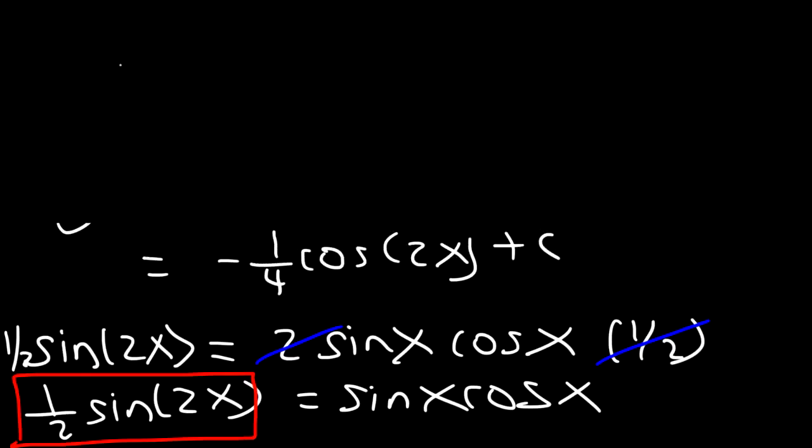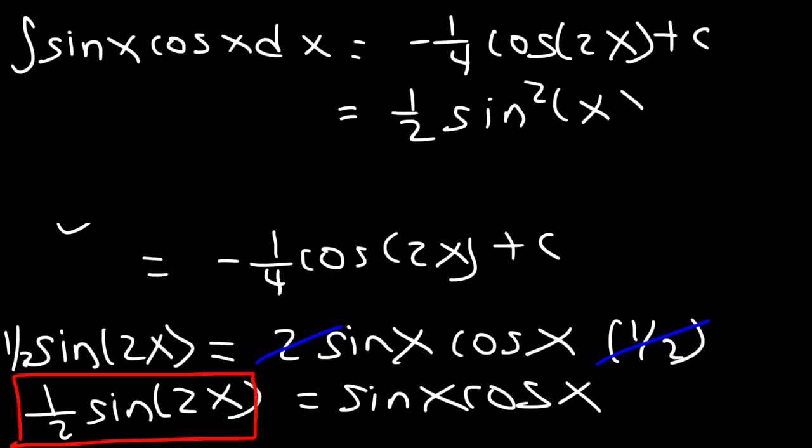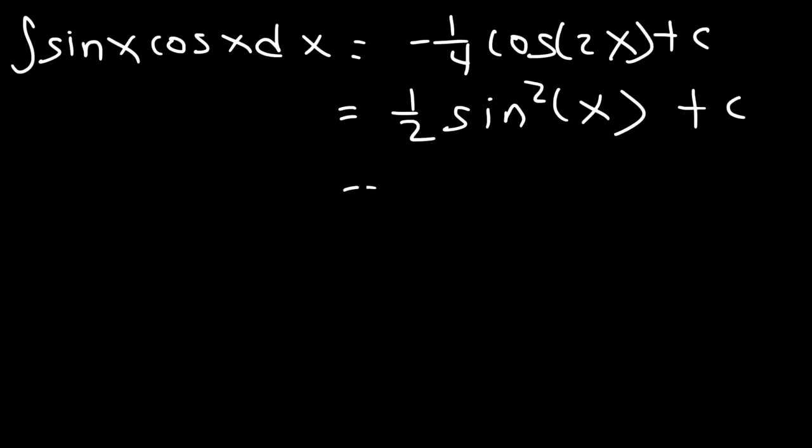So the three answers that we got for the integral of sine x cosine x was this one that we just got, and then the first one was 1/2 sine squared x plus c, and the second one was negative 1/2 cosine squared plus c.